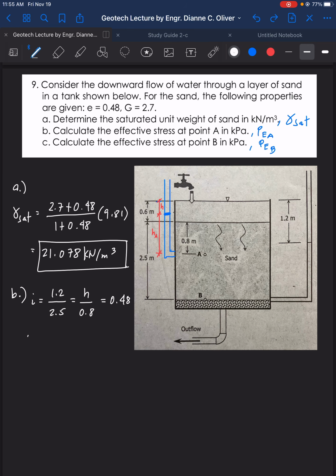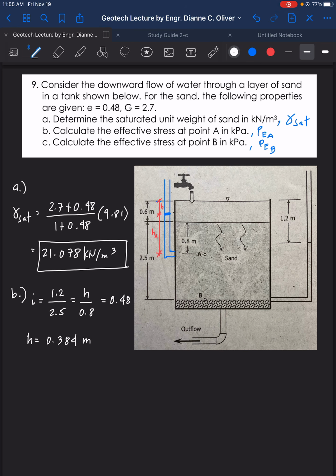Now for the H, that is equal to 0.48 times 0.8, which is 0.384 meter. Alright?